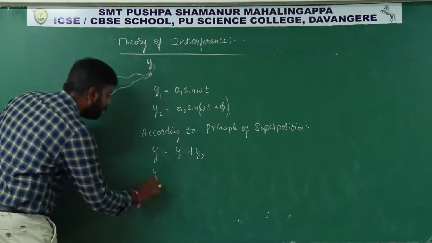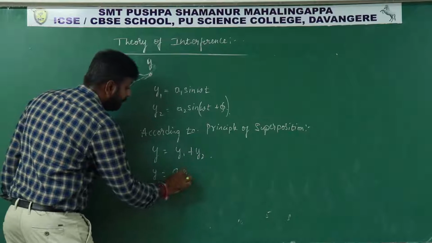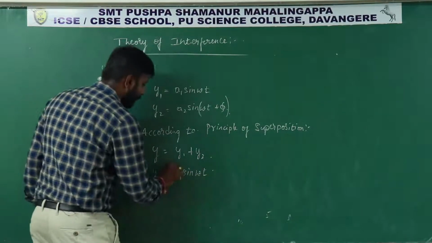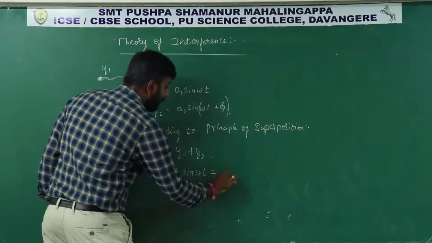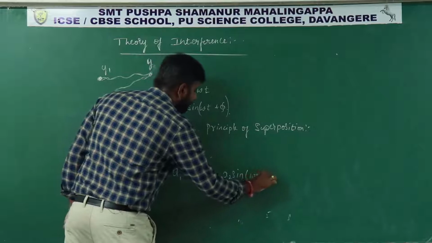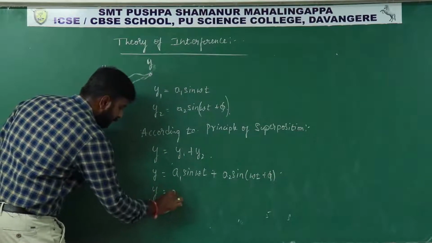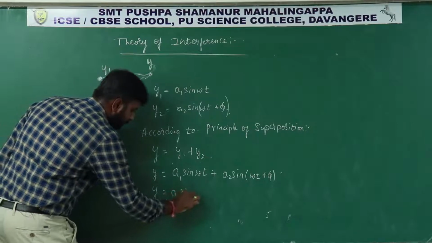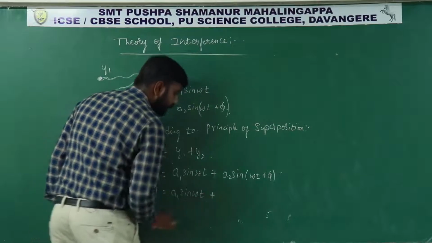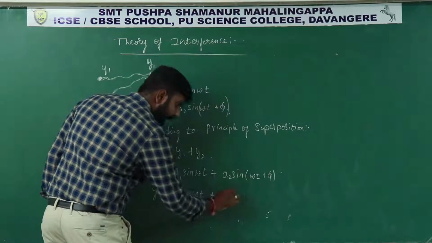So y is equal to y1 plus y2, which I can write as a1 sin omega t plus a2 sin(omega t plus phi).